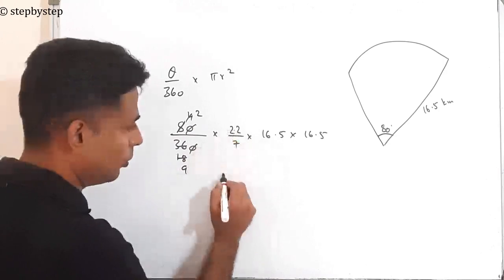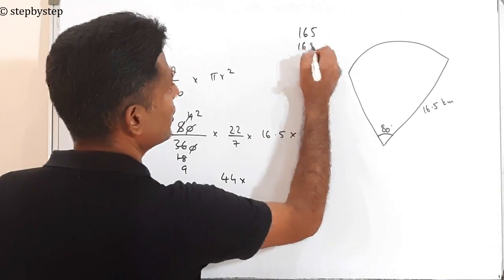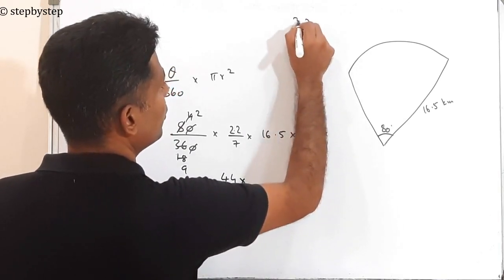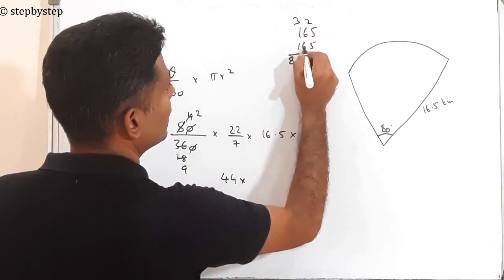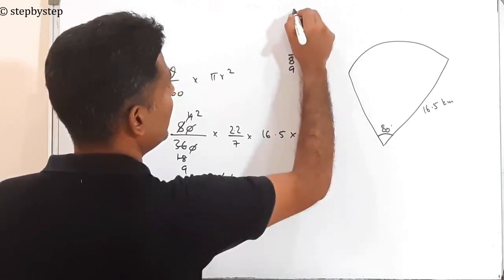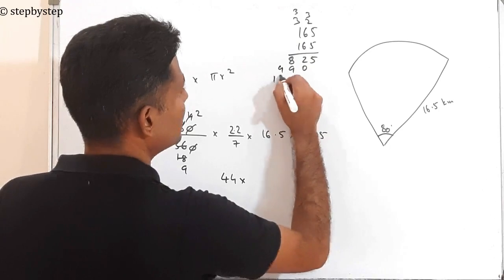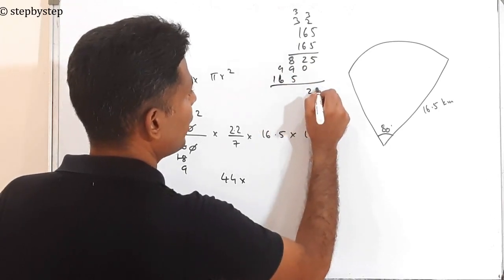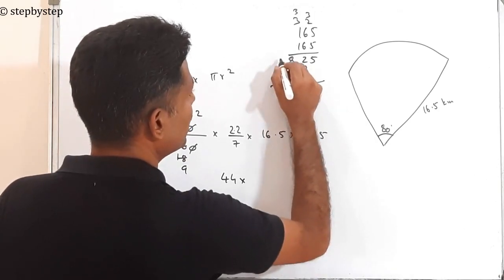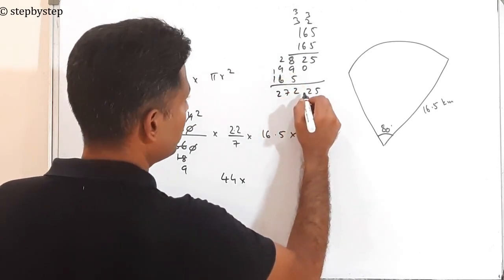So 2 into 22, 44, into 16.5 into 16.5. 16.5 times 16.5 gives 272.25.